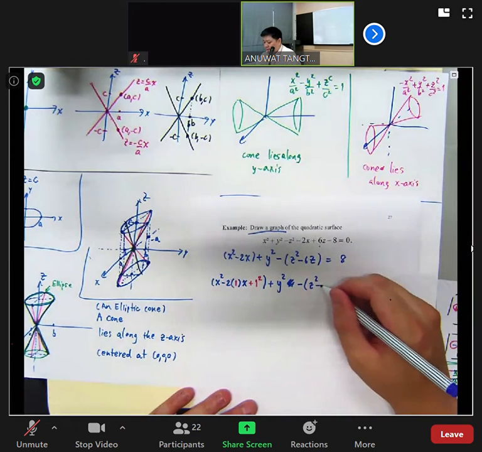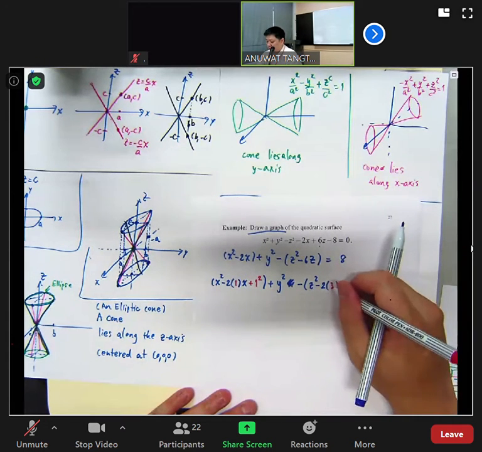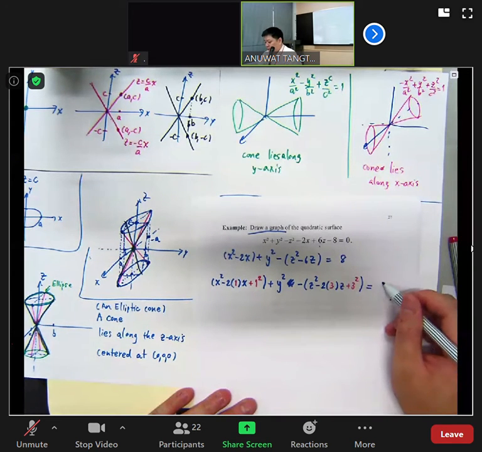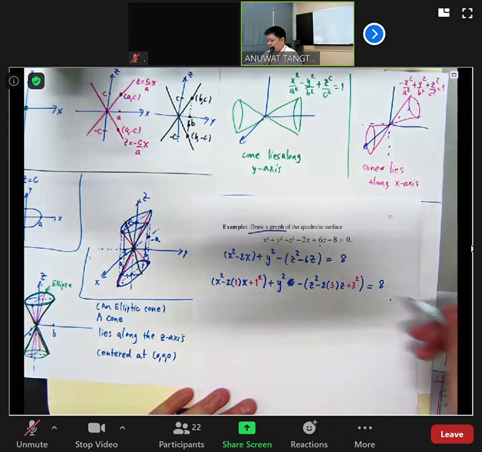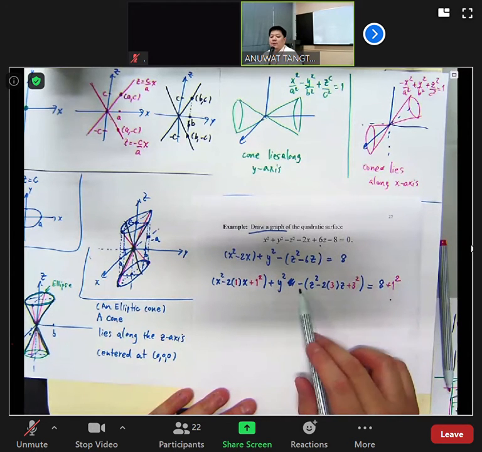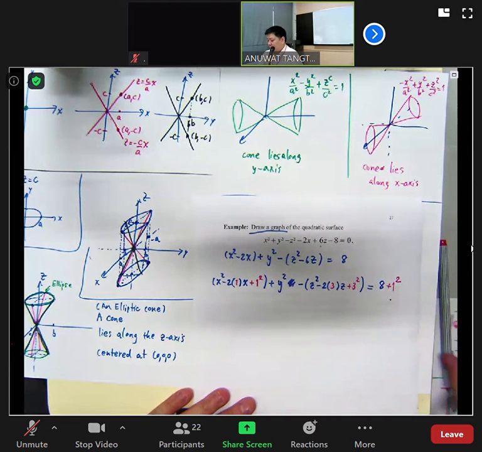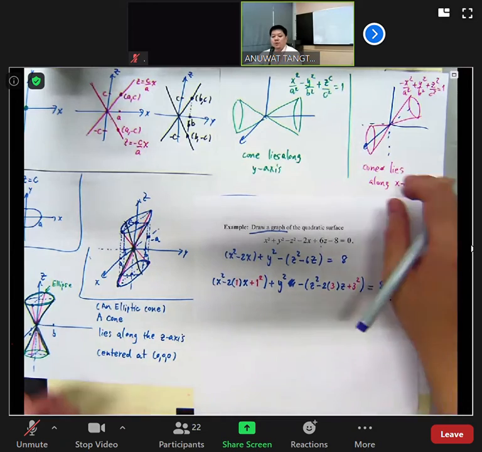Now for this one, to get 6z, this one should be 2 times 3, and then we need to add 3 squared there. Now we need to consider this one on the left-hand side: we add 1 squared, right? So we add 1 squared there. Now with this one, 3 squared, even though this is positive, we have the minus sign in front of that. So this is like we subtract 3 squared on the left-hand side, and that is why we need to subtract 3 squared on the right-hand side as well.